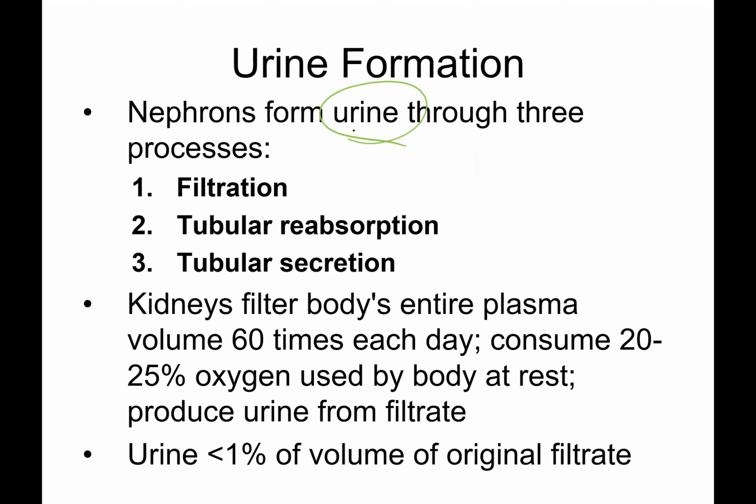So to make urine, you have to go through filtration, reabsorption, and secretion. Okay, so filtering, very simply put, means keeping good stuff, getting rid of bad stuff. In fancier terms, reabsorbing, secreting.